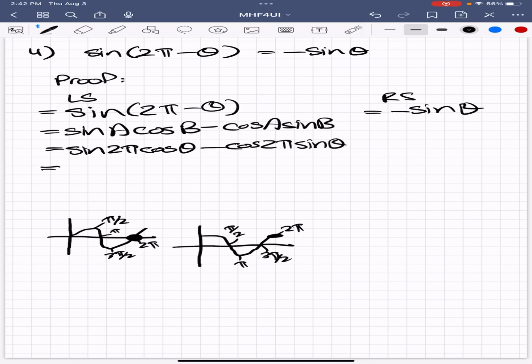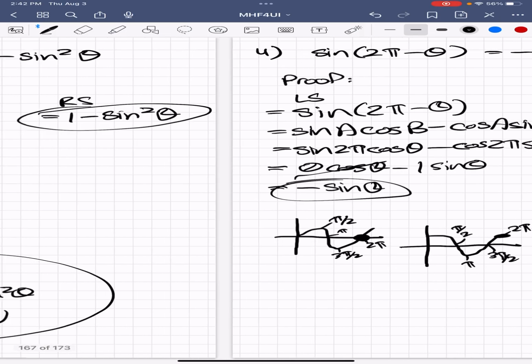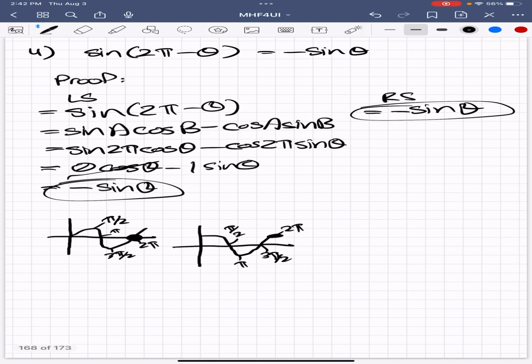So sine 2 pi equals 0, and for cos 2 pi it equals 1. And we're left with left side equals right side.